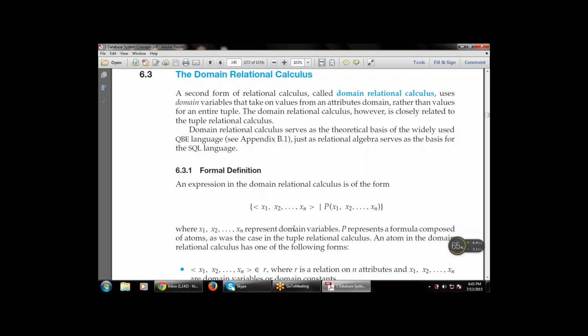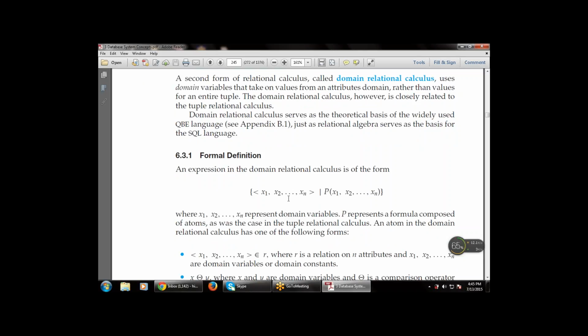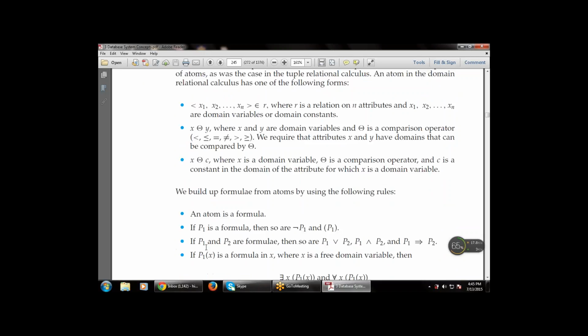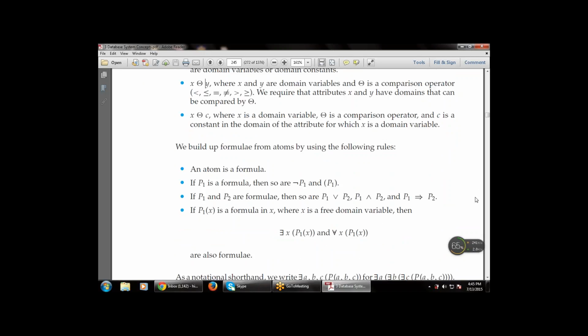So what P is depends on the atom. Then we build the formula, that is, how to use the relational calculus.